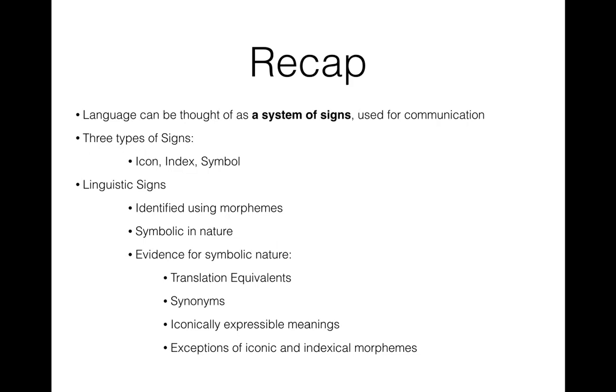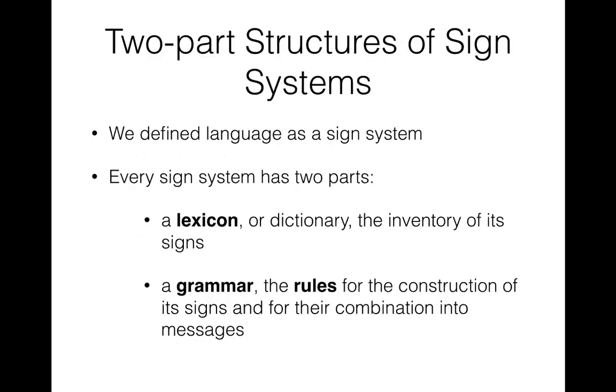We looked at sick, which has synonyms such as ill, and again, they look completely different from each other because they're completely arbitrary. But we also saw exceptions of iconic and indexical morphemes, such as mimetic, onomatopoeic words such as bow bow or meow meow.